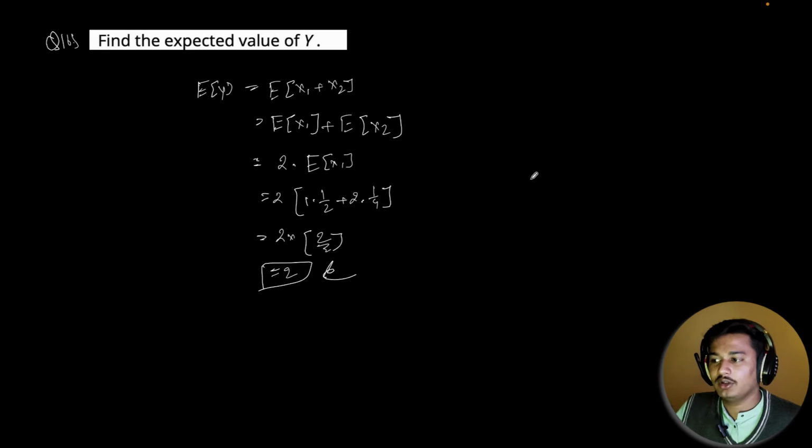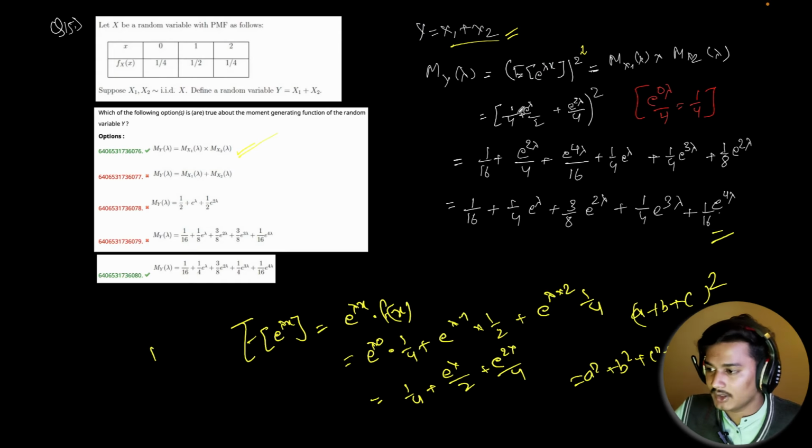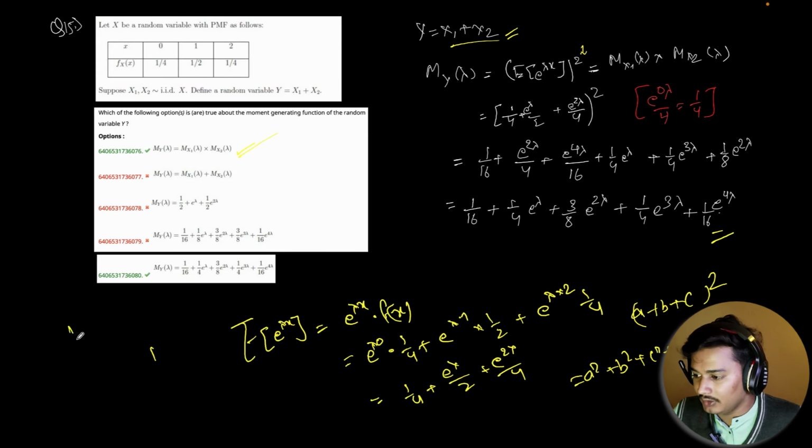Now, our last question is to find the expected value of Y. So what will be the expected value of Y? E of Y is basically E of, as we know that Y is X1 plus X2, right? So E of X1 plus X2 is basically E of X1 plus E of X2, and E of X1 and X2 are similar, so we can write 2 into E of X1. So from here we know that E of X1 is E of X, which is x into f of x, right?